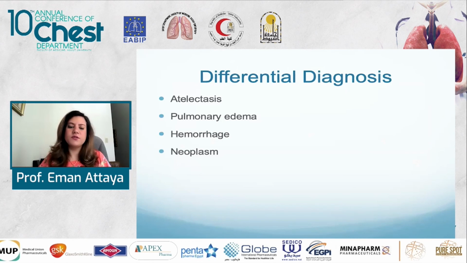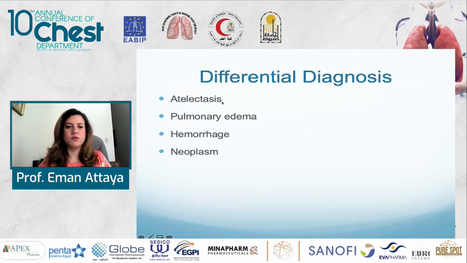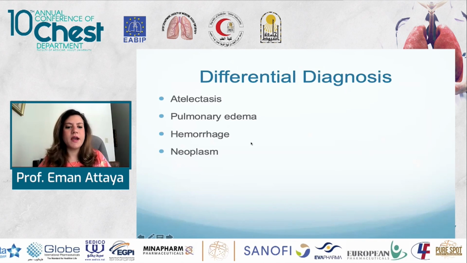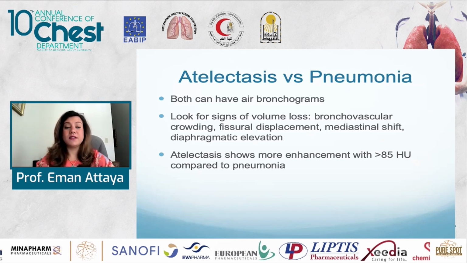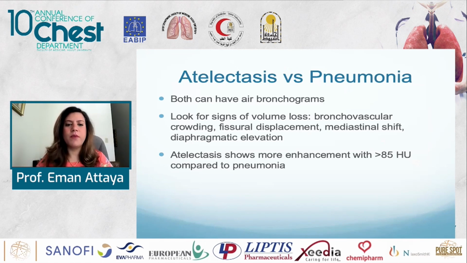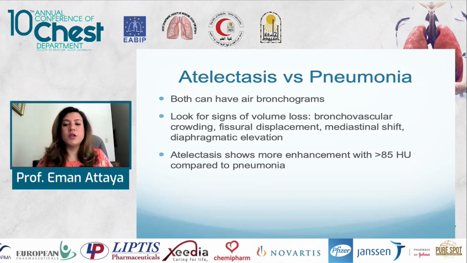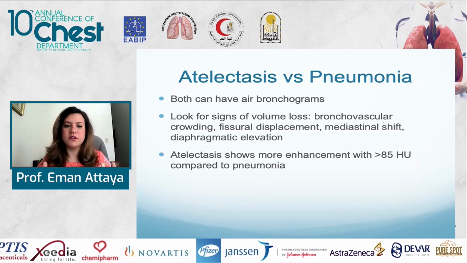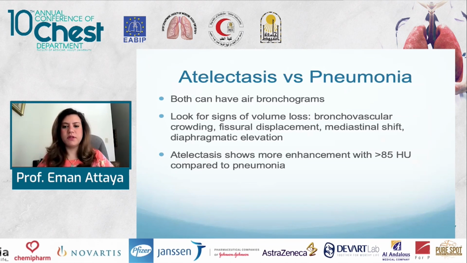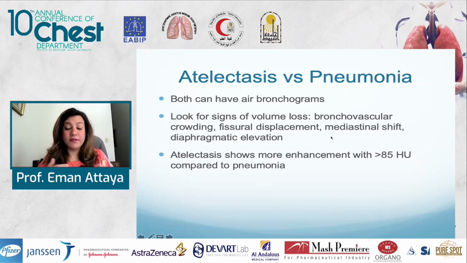Differential diagnosis, we need to keep in mind that sometimes atelectasis can be confused with pneumonia, pulmonary edema, hemorrhage, neoplasm. Atelectasis and pneumonia: as I mentioned earlier, both of these can have air bronchograms, but we want to look for signs of volume loss that will point us more towards atelectasis, such as bronchovascular crowding, fissural displacement, mediastinal shift, diaphragmatic elevation.